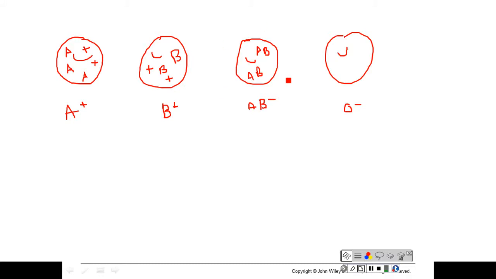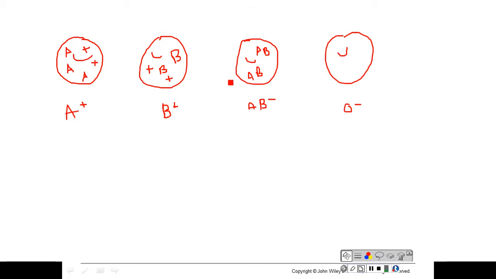However, people that have AB blood can receive blood from people that are type B or people that are type A. In this case, though, this person's blood is AB negative, so they cannot receive blood from this person who's B positive or blood from this person who's A positive, because these people have that Rh positive antigen. So this person's blood is going to respond to that antigen and reject that blood.